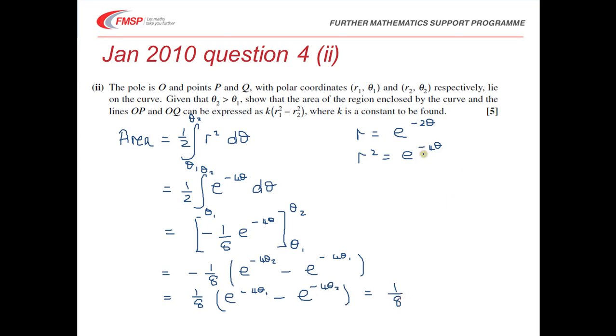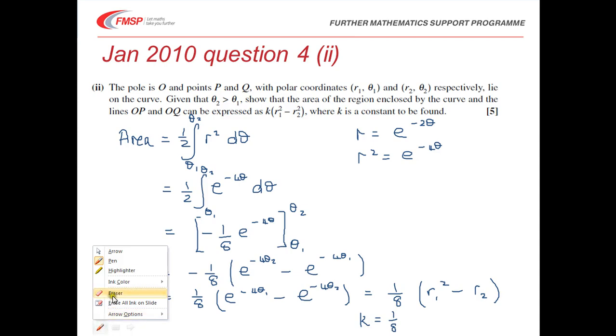And again, we can just check it from up there, so that's going to be r1 squared minus r2 squared. And the question said to show that it could be expressed as a multiple of r1 squared minus r2 squared, where k is a constant to be found. So we've done that, and our constant, of course, k is equal to 1/8.